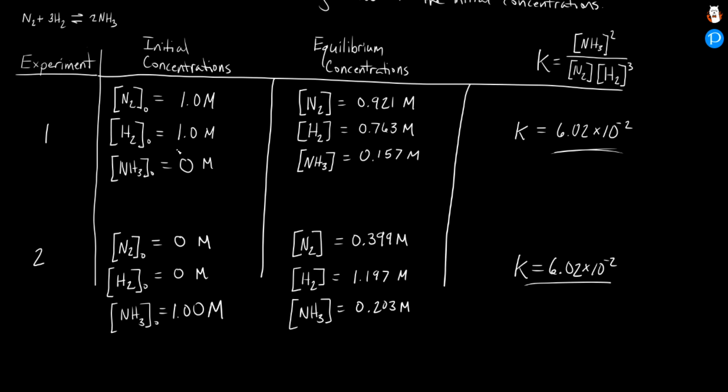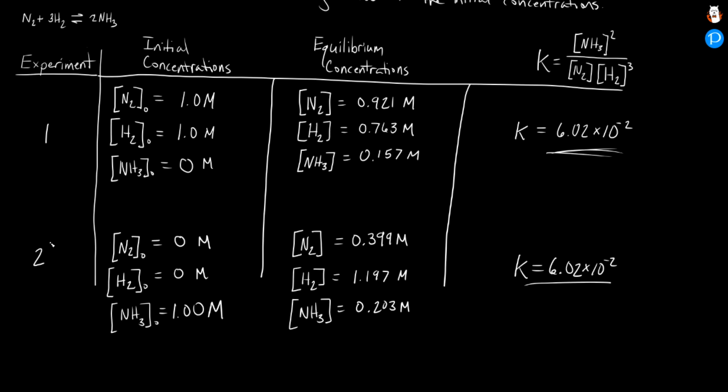So that's the initial concentrations. We put those together, we let the reaction reach equilibrium, and this is what we end up with right here. Notice some of the N2 and H2 has been used up, and NH3 has been produced. If we plug those into our equilibrium expression, we get this value here, 6.02 times 10 to the negative 2.